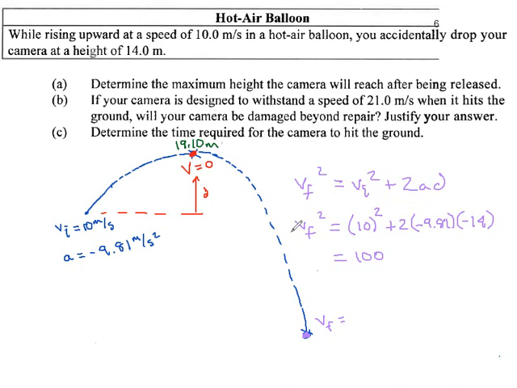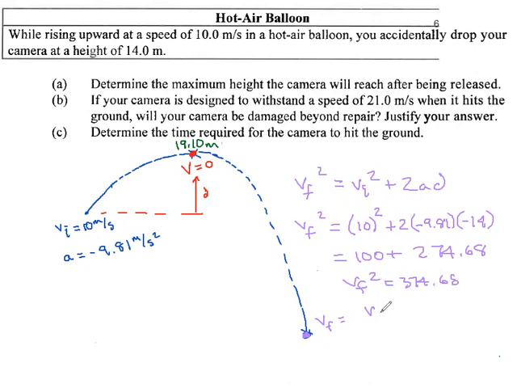2 times 9.81 times 14. I know the negatives will cancel out, so I'm not worrying about them. We get 100 plus 274.68. Add those together, and you get 374.68. And square root that, you get 19 point, okay.